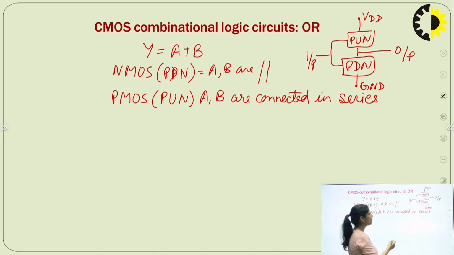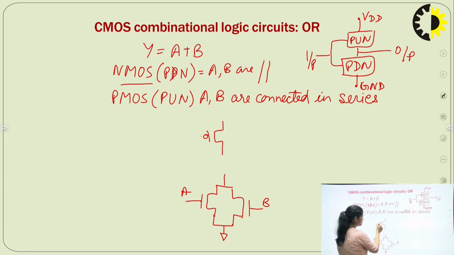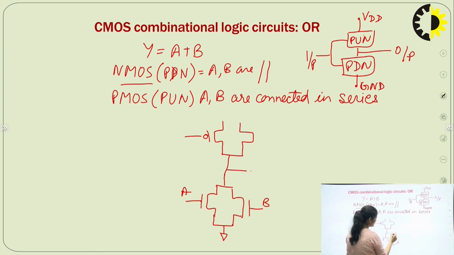Now, how can we implement it for the OR gate? In the case of NMOS, A and B are connected in parallel, and the A and B PMOS are connected in series.